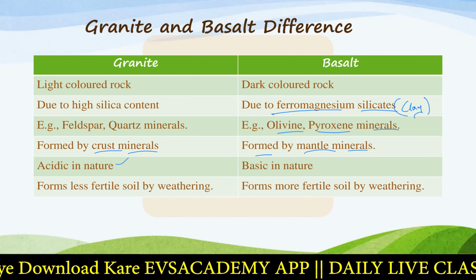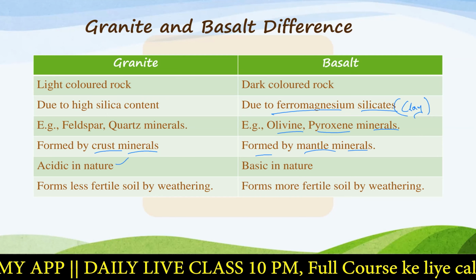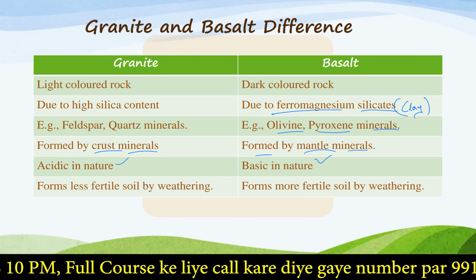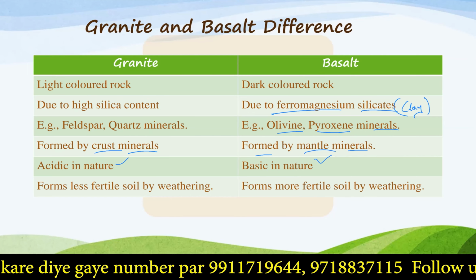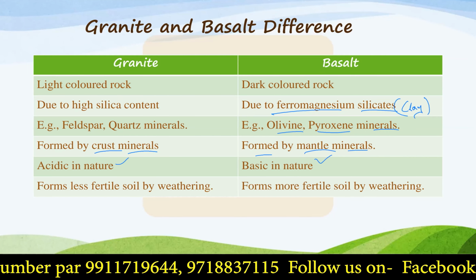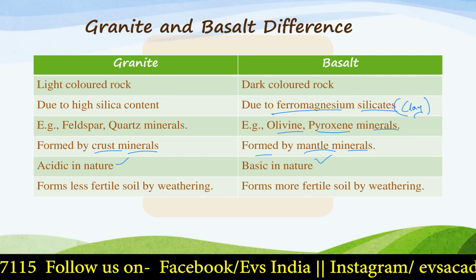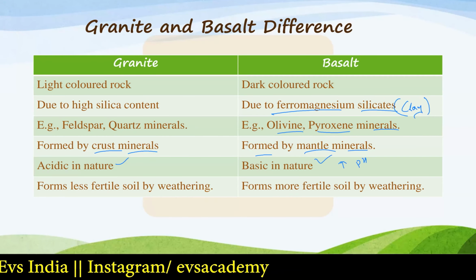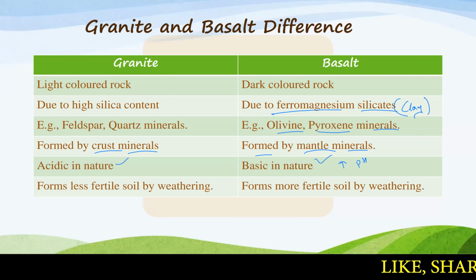Then granite are acidic in nature. We have already seen silica content is very high here, 66%. More than that, basic in nature, the basaltic rocks having the silica content of 52 to 44% range only. And the granite rocks form the less fertile soil by the weathering, while the basaltic forms more fertile soil by the weathering because of the very obvious basic in nature or high pH, which supports more growth of plant life there as compared to the acidic nature, because acids are not good.